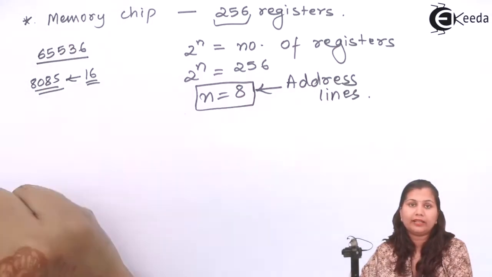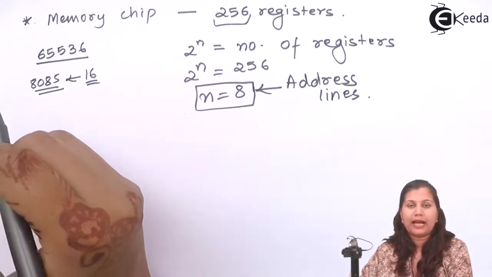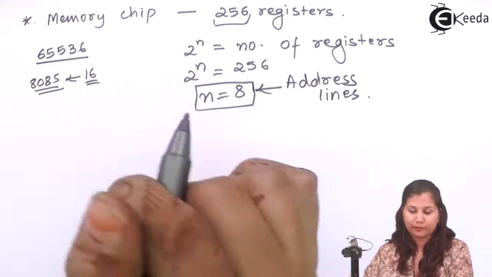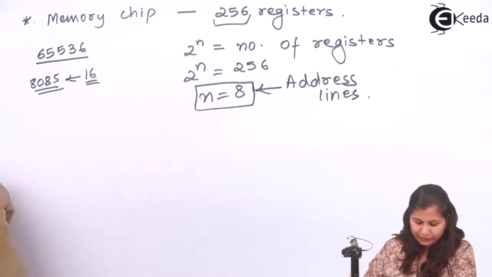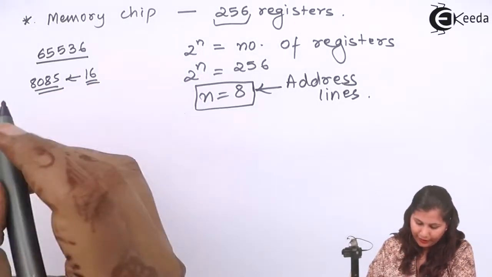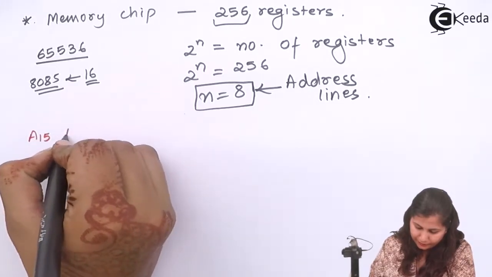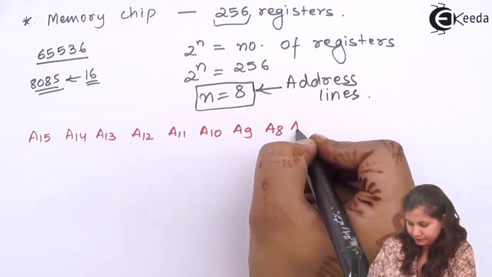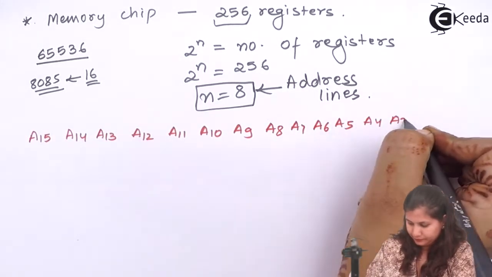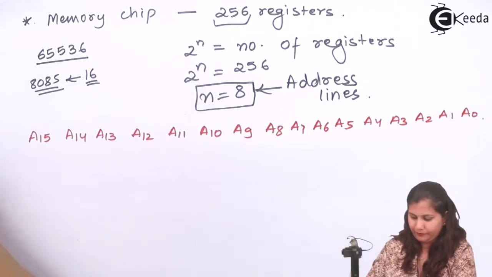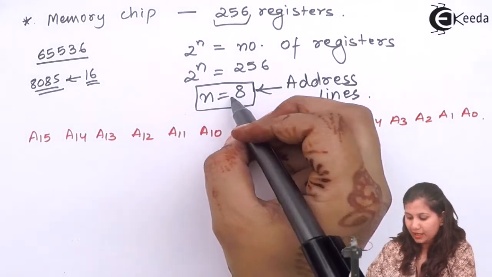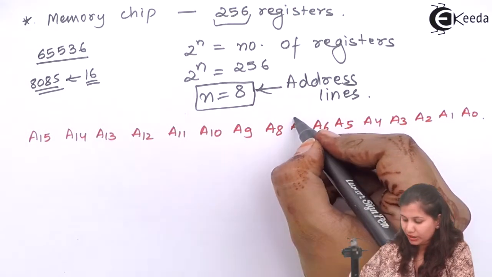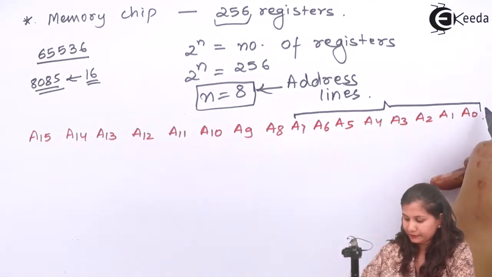We have studied in the requirements of a memory chip that every memory chip has a chip select signal which is used to select that chip. So the total address lines we have are 16. Let's write them. Now 8 address lines are used to address these 256 registers, so we are using A0 to A7 for that.